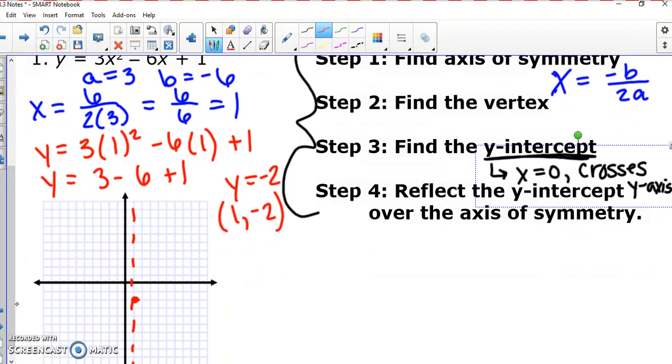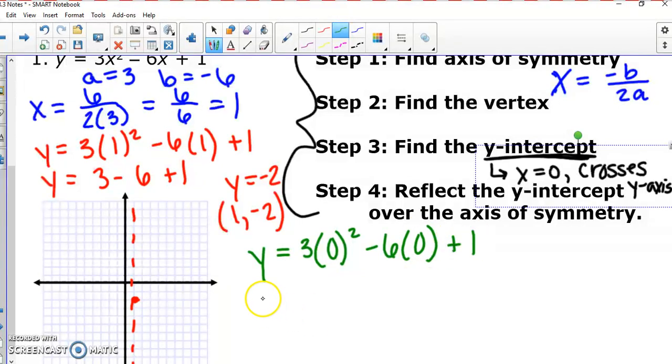Now we're ready to find the y-intercept. Remember that that is the point where x equals 0. So for this step, I am going to plug in 0 for my x value. I'm just going to rewrite that same equation, and I should find that y equals 1.